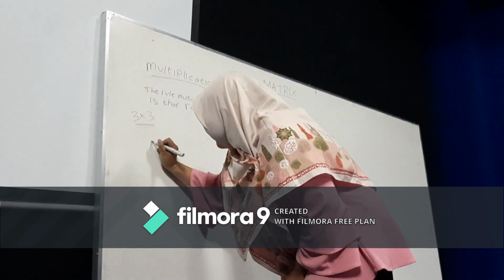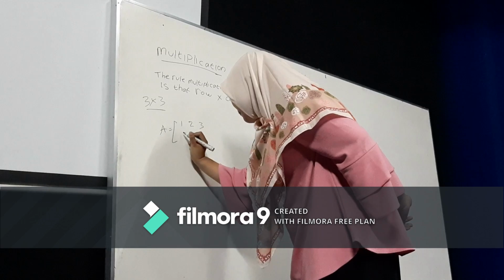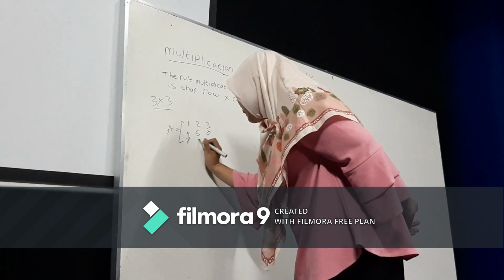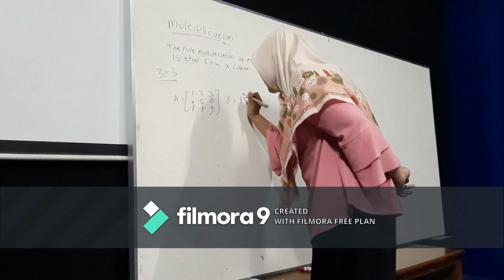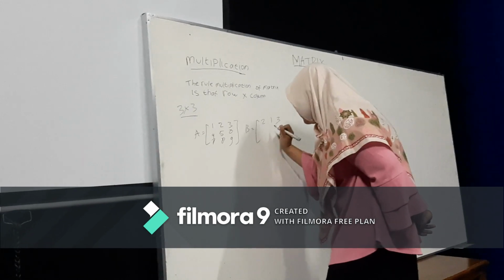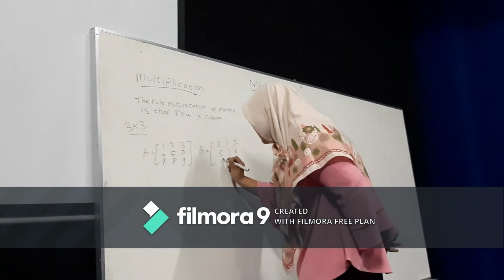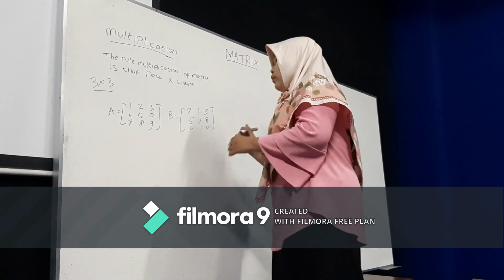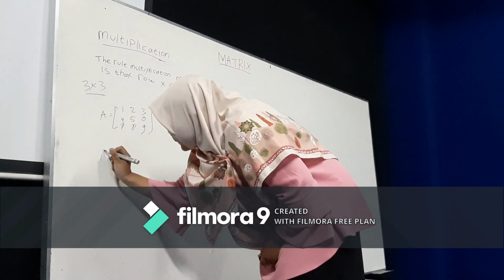Okay, for example, I have matrix A equal to open bracket 1, 2, 3, 4, 5, 0, 7, 8, and 9. Matrix B is equal to open bracket 2, 1, 3, 5, 7, 8, 0, 1, and 0, close bracket.